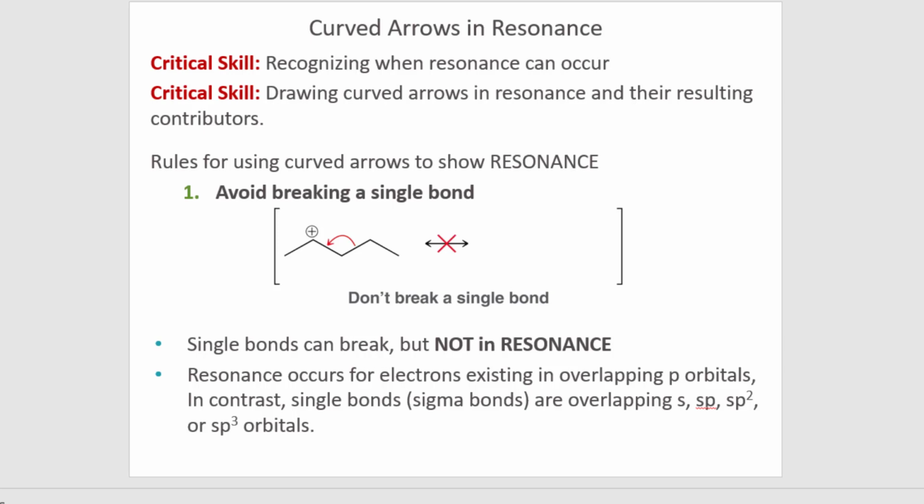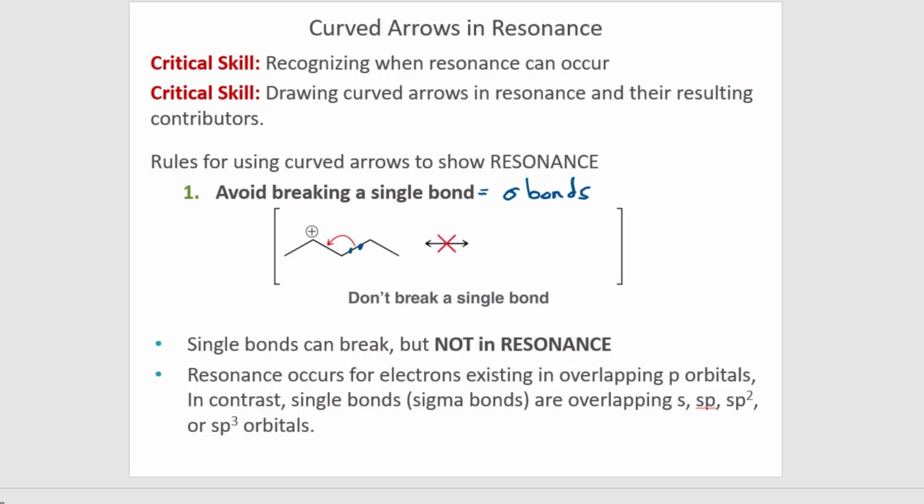So let's go over some rules first. These are the rules for arrow pushing. I don't want you to break any single bonds, any sigma bonds. If your arrow is coming from electrons that are involved in a sigma bond and you're moving them, that's chemistry.